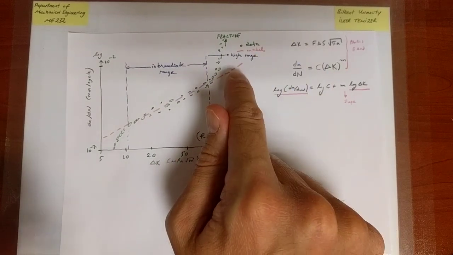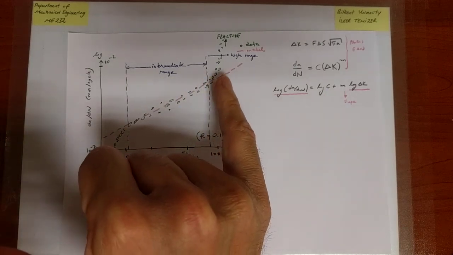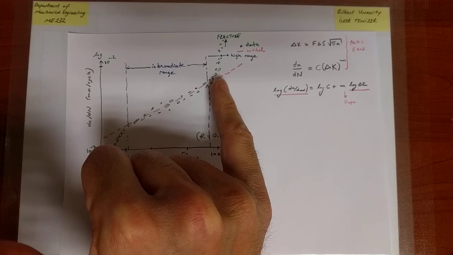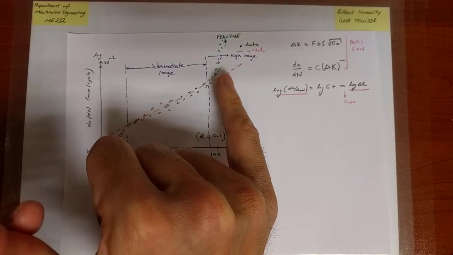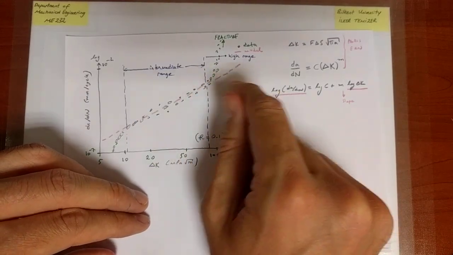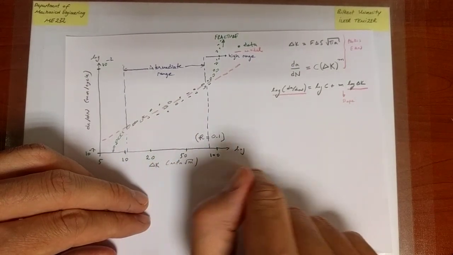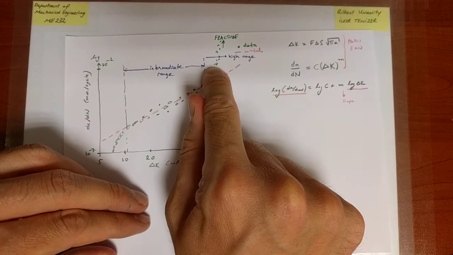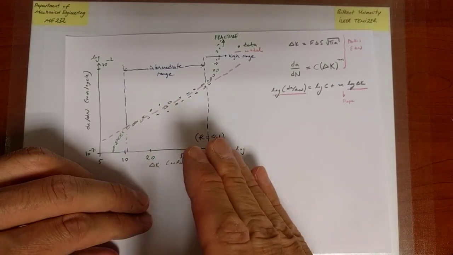The model, the Paris equation, is unable to predict meaningful results in that region. And obviously, it is being under-conservative. Under-conservative means that it's going to predict, well, if you want to take the crack size from 1 millimeter to 2 millimeters, you can cycle for 1,000 cycles, but in reality it will only take a few cycles because the crack growth rate actually is a lot higher.